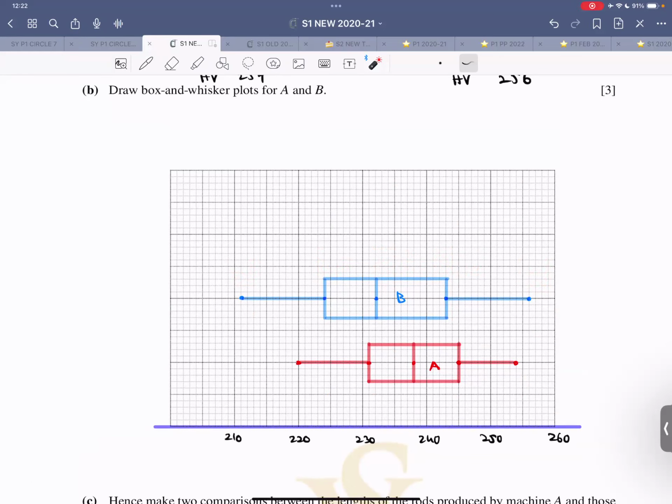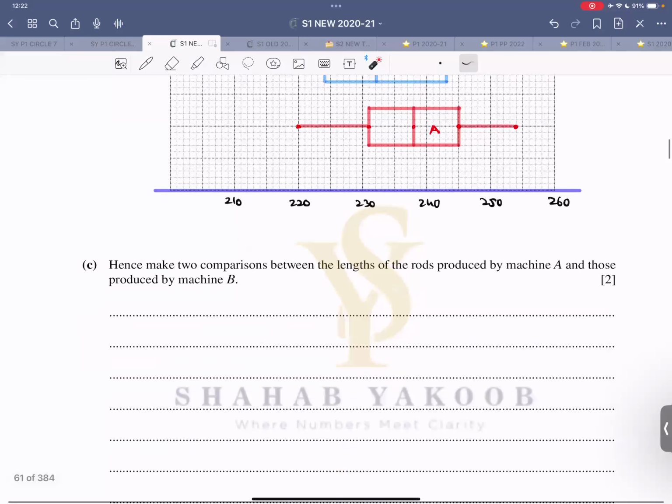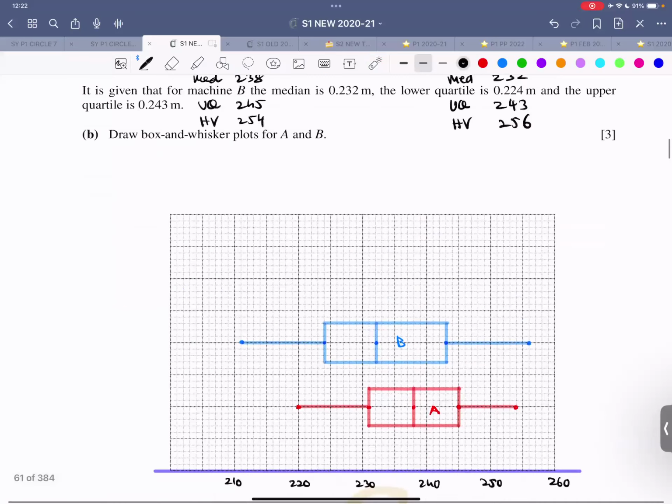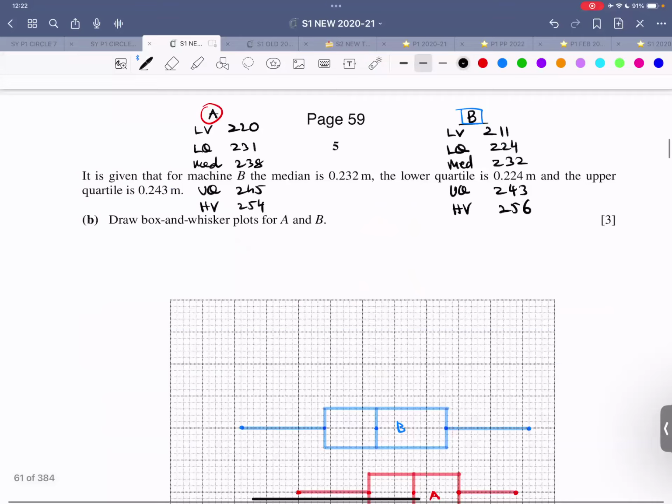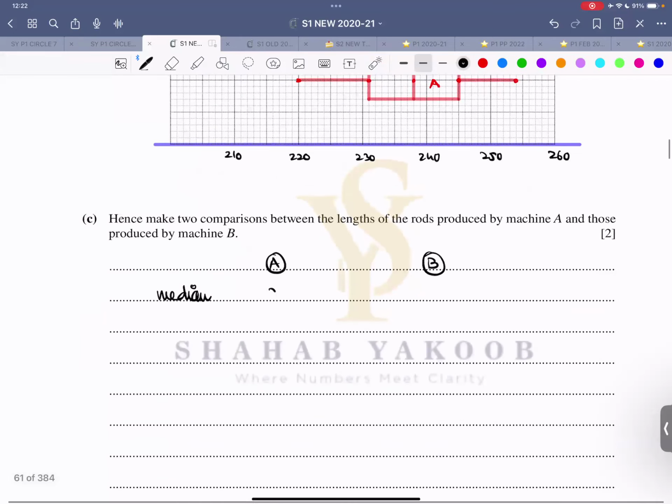Now, what are they asking? They are asking us to make 2 comparisons between the length of the rods produced by machine A and machine B. First of all, machine A versus machine B. Let me write the median value. For machine A, it's 238 versus 232. The dots, don't forget them, like this.